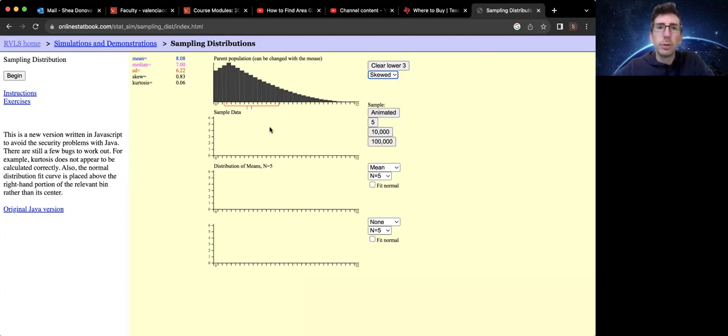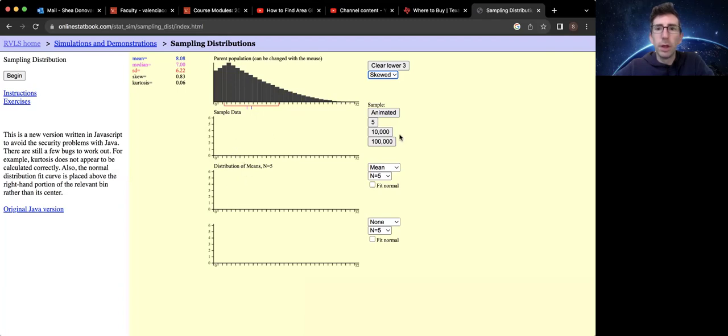And so if we take a sample from this skewed distribution over and over again of size 5, we are going to take 5 randomly selected data points from this population, and then we're going to take their mean, and that is going to get plotted down here.